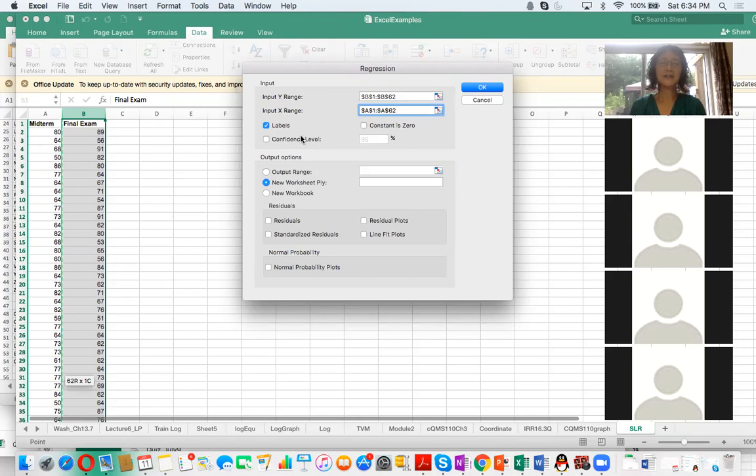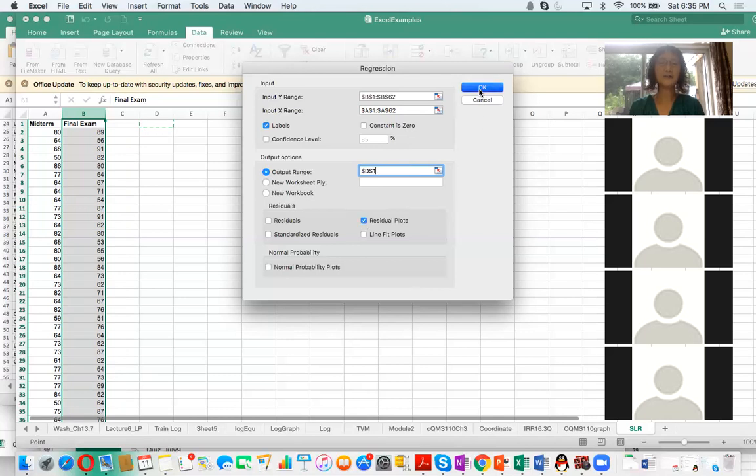After that, you have an option for the output. You want the output in a new worksheet, or you specify an output range. So I'll just specify the output range. I will say the output is in maybe D, not here. Yes, D1, okay. And then I may also want the residual plot.